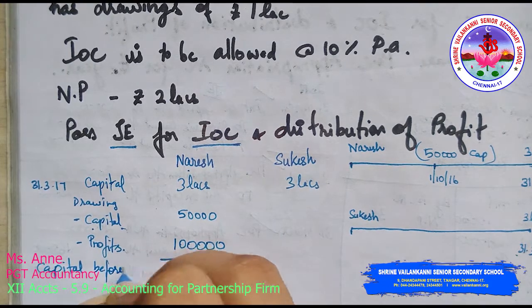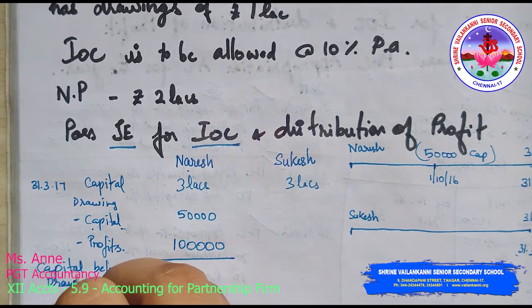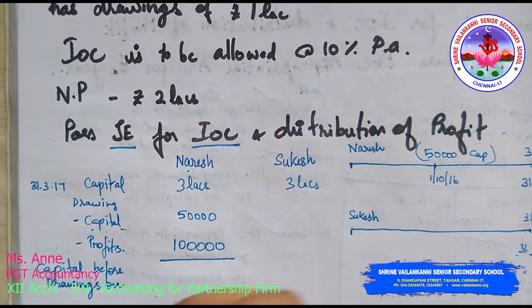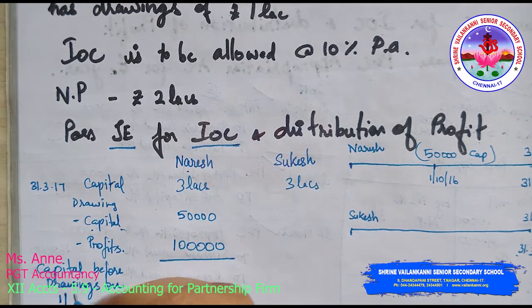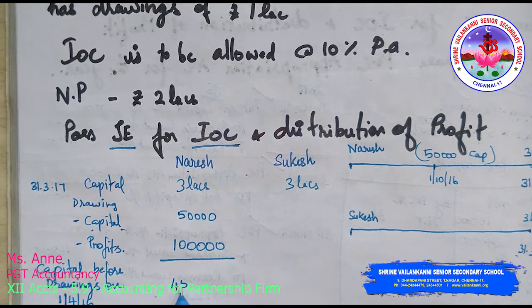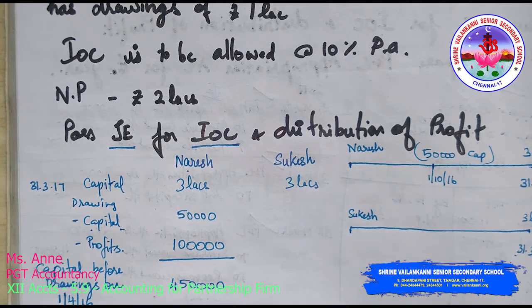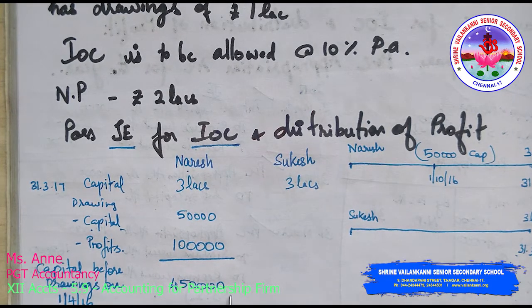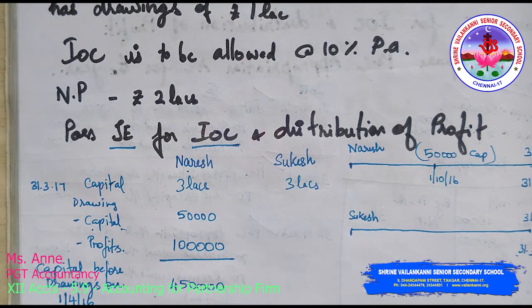So capital before drawings on 1/4/2016 is how much? 4 lakh 50,000. So this was the capital on 1/4/2016.